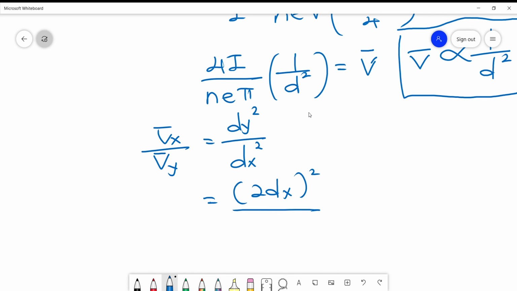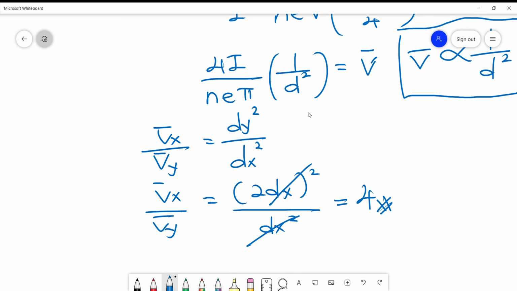Cancelling out dx squared, with 2 squared, finally what I get is 4.